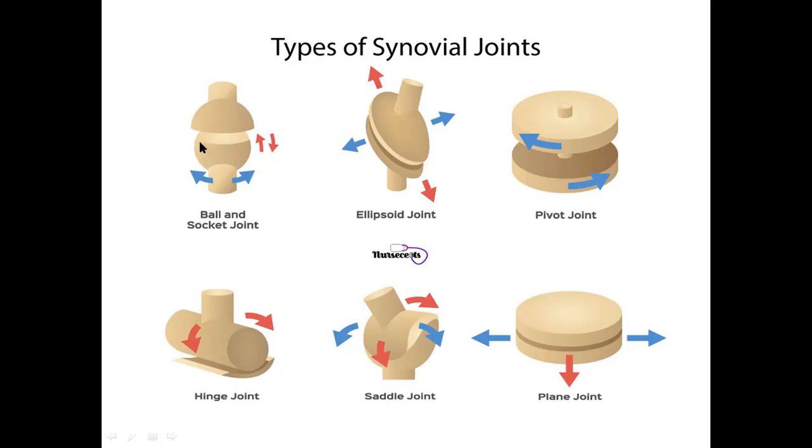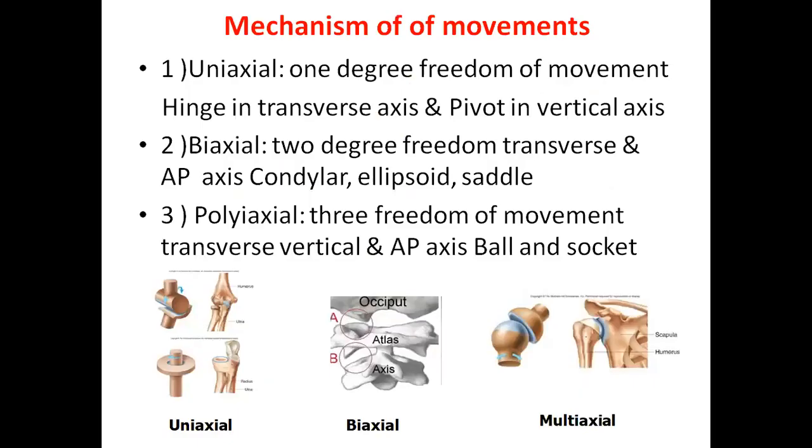The round head articulates into a cavity or cup shaped structure of the other bone, like the cup shaped structure in case of the shoulder joint, the round head of the humerus articulates into the cup shaped structure of the scapula, that is the glenoid cavity, whereas in case of the hip joint, the round head of the femur fits into the acetabular cavity of the hip bone, forming the hip joint.